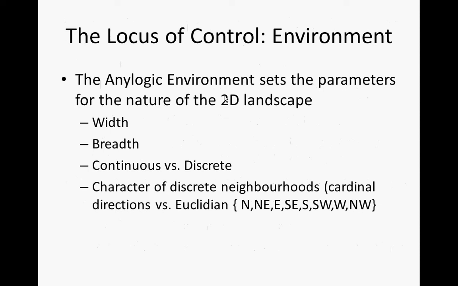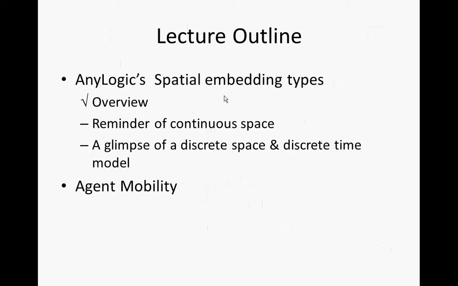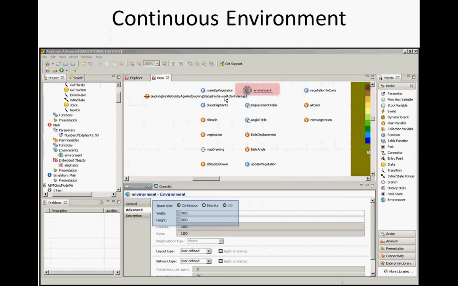Now, the Anylogic environment, which was responsible for setting characteristics of the network, also sets parameters for the nature of the 2D landscape: width, breadth, continuous versus discrete, and the character of the neighborhoods that are included. So, if we're going to take a look at continuous space now. If we went to an environment, we'll find that space can be set to be continuous, and in our version of Anylogic, it's a little bit more advanced than the one where I took the screenshot.